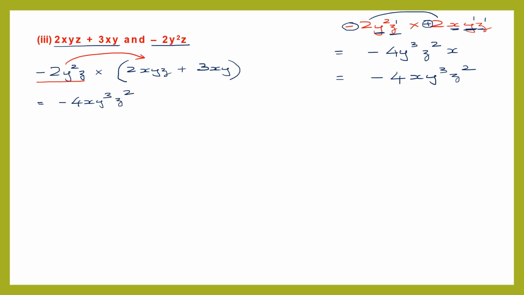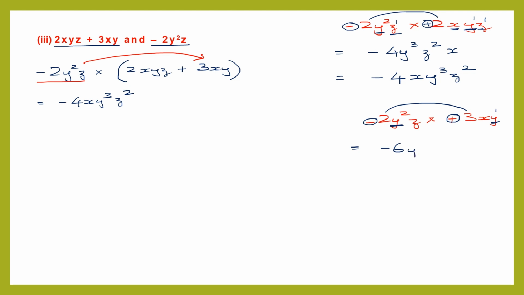So now that we have finished with the first term, let's multiply this with the second term. So here we have minus 2y square z into plus 3xy. So let's look at the signs first. So here we have minus and we have plus. Minus into plus is minus. Then take the numbers 2 into 3. 2 3s are 6. Next we have y to the power of 2 and here we have y to the power of 1.